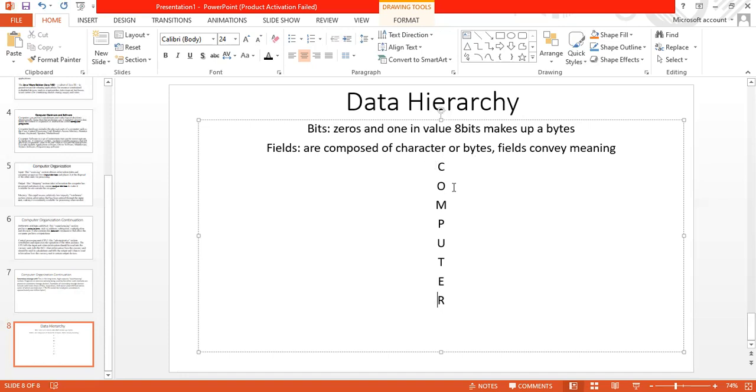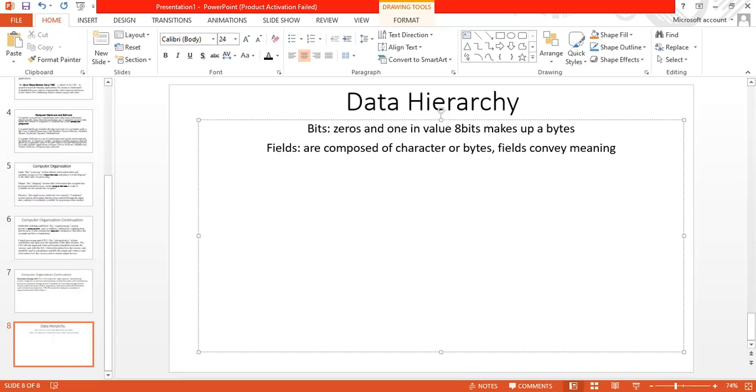O is a character. M is a character. P is a character. U is a character. T is a character. But the combination of all these is called a field because it conveys meaning. When we sum all these together, it gives us computer, which is a meaning. So this is an example of a field. I hope we understand that.